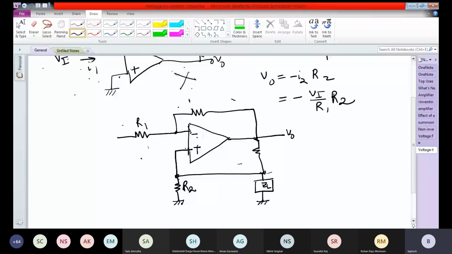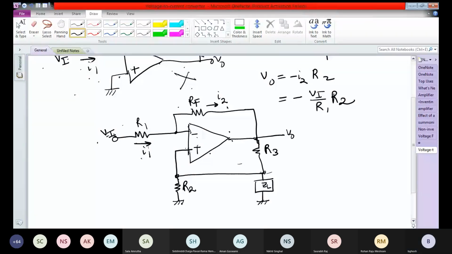You can say that I2. And that is I1. And this is Vi. This is R3.